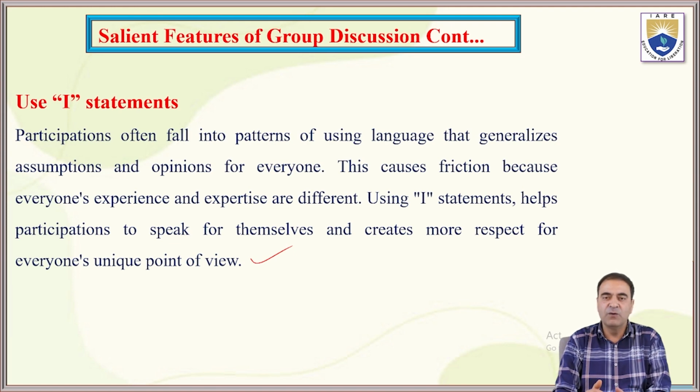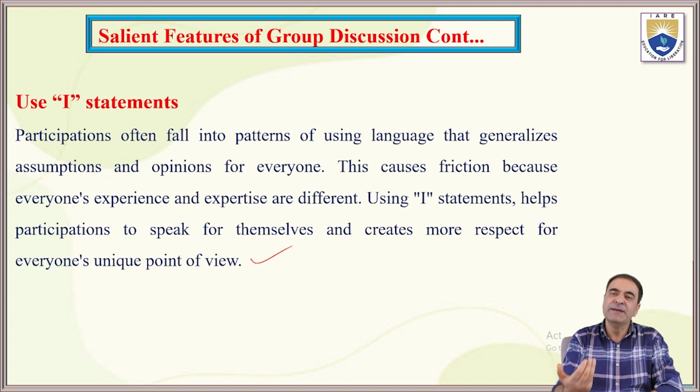Therefore, if I want to speak for myself, surely I have to use the first person pronoun, that's I. We should not generalize, because when we generalize things in a discussion, it creates a conflict, it creates a skirmish. Therefore, to avoid this conflict, this skirmish, one should speak for himself. And the better way to speak for himself is to use the first person pronoun I.